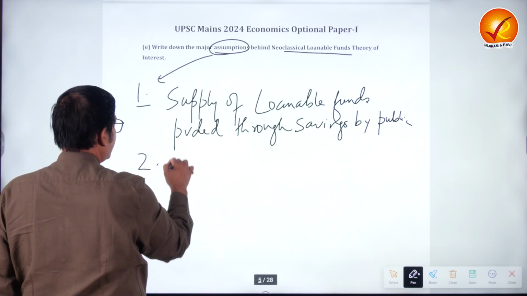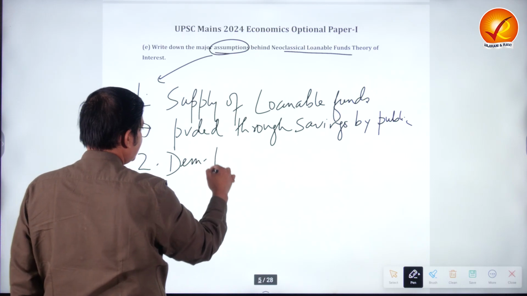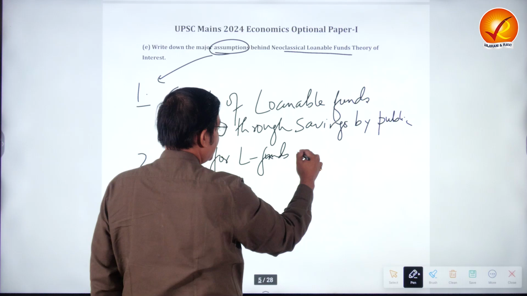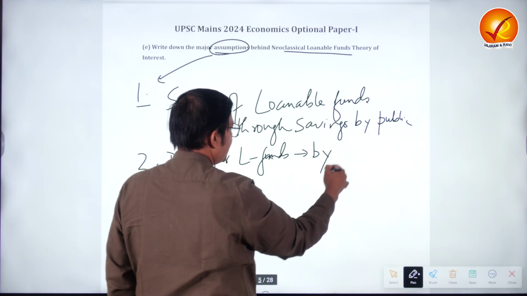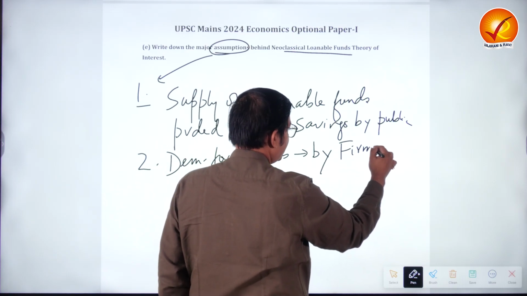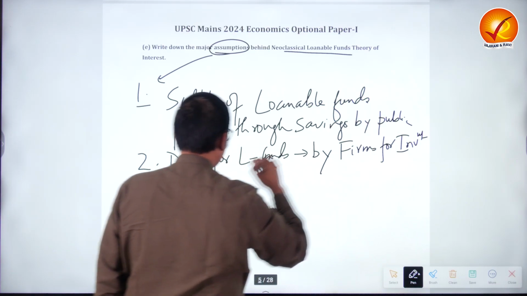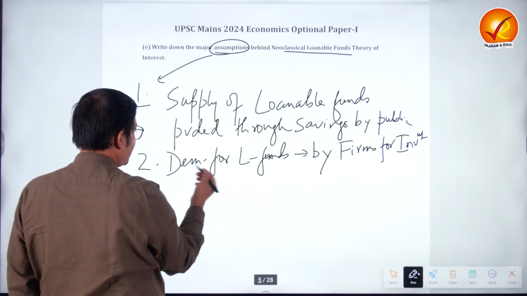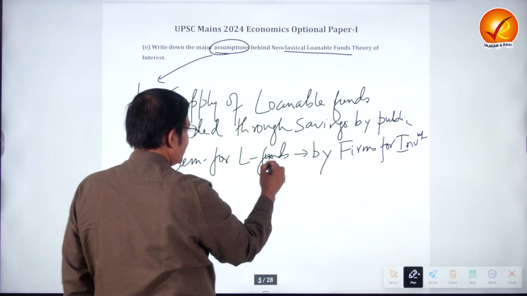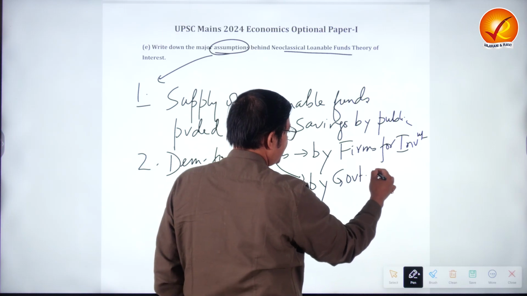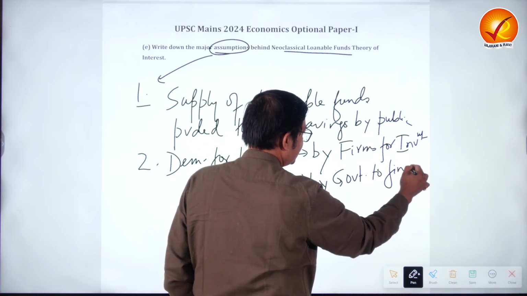Then you can talk about demand for loanable funds, which is made by firms for investment, and also, if you wish, you can write it separately or in the same point, by the government to finance its deficit.